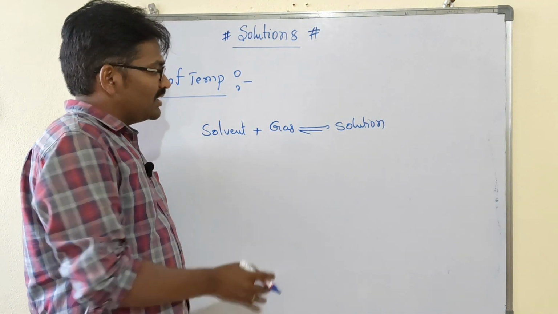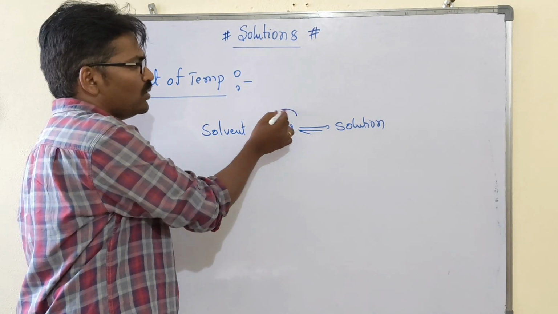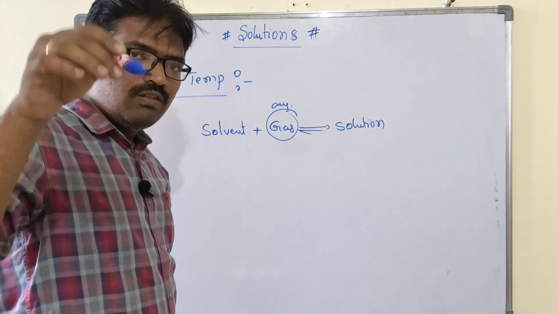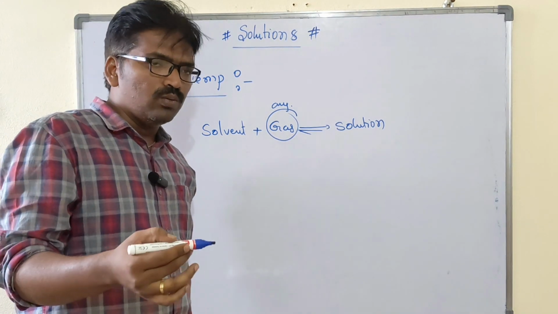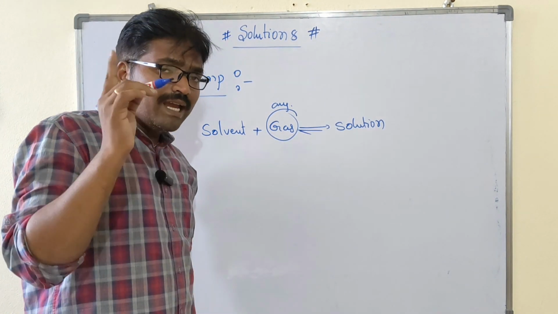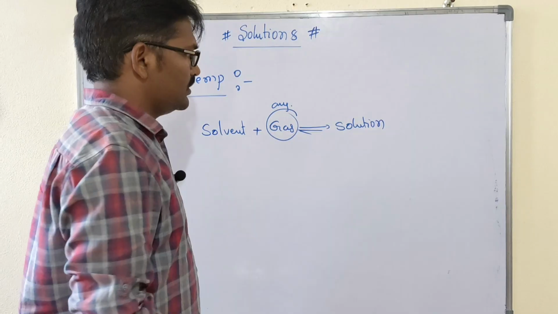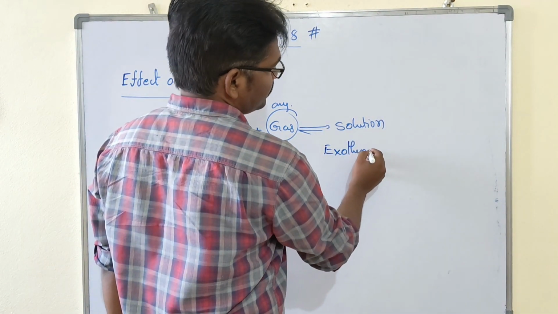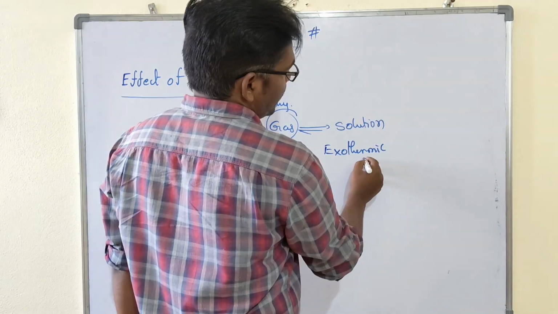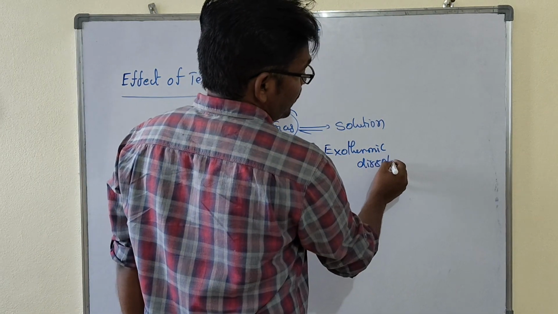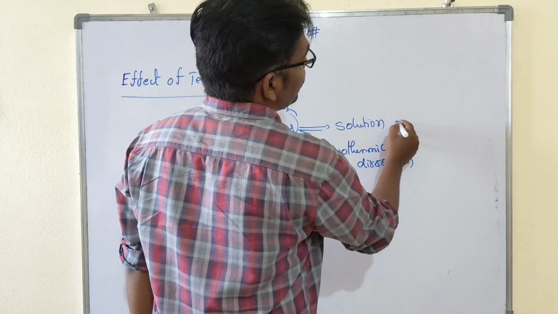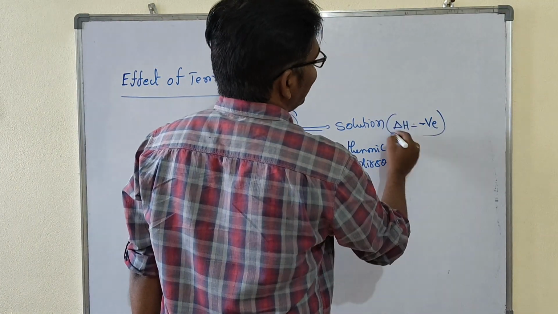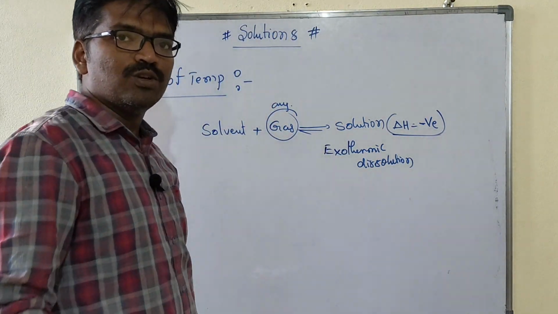So remember this, any gas, not only here, any gas, when dissolving in a solvent, we call it exothermic dissolution. Exothermic dissolution means delta H value is negative.